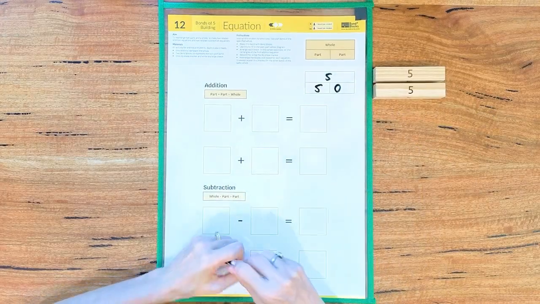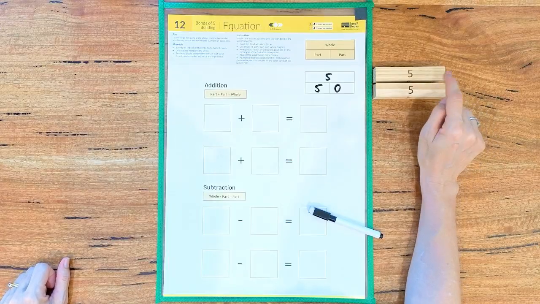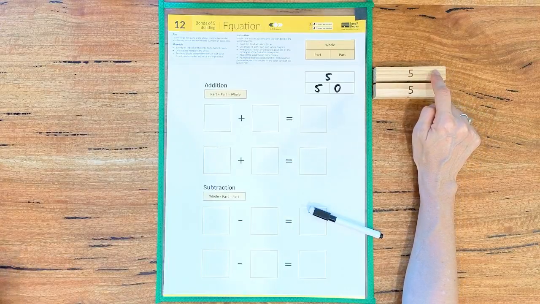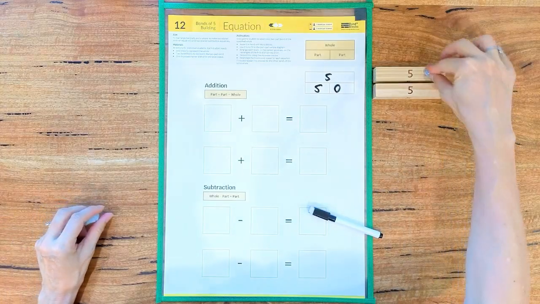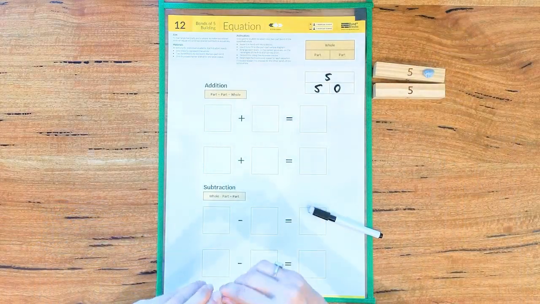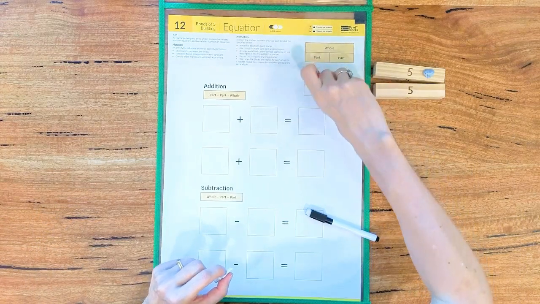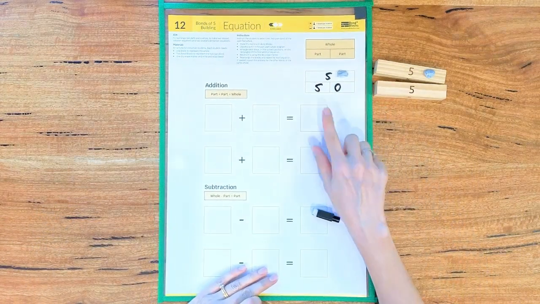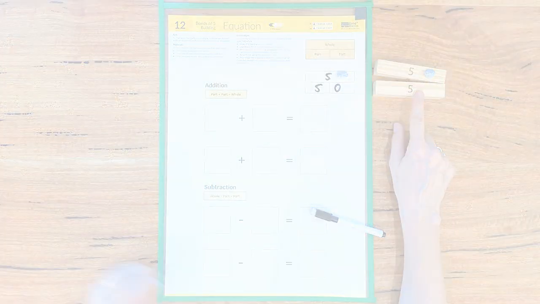To make this a little clearer, I'm going to put a blob of blue tack on my whole block. This is the 5 that is representing my whole, and this is the 5 that is representing the part.